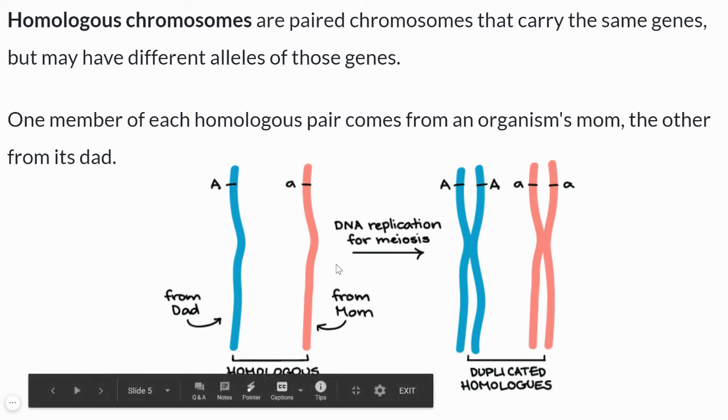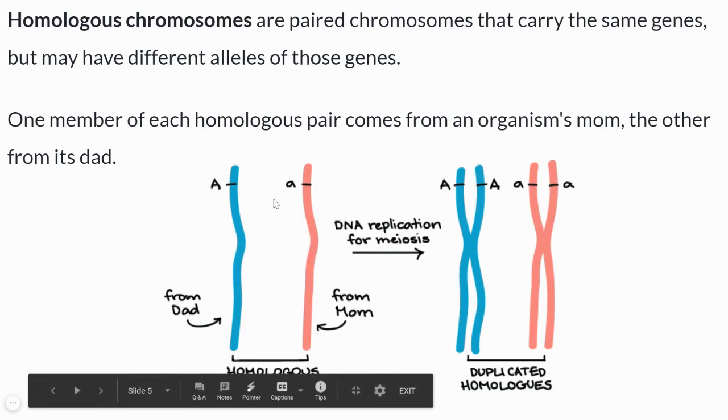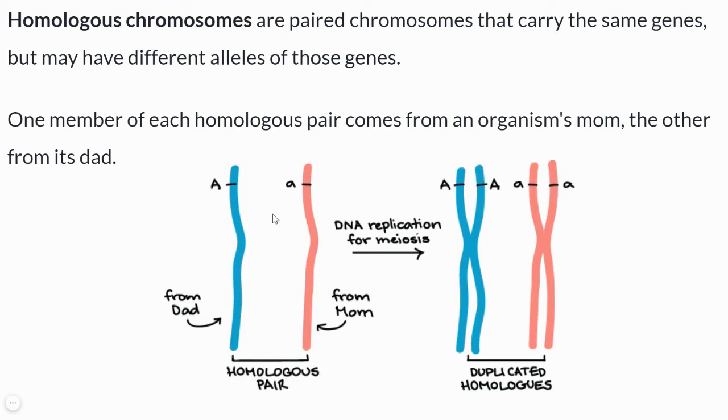This is the same organism's chromosome, but one is inherited from the father and one from the mother. So please don't think that this is the father's chromosome and this is the mother's. This is that organism's chromosome whose cell we are studying, and this organism has inherited two same chromosomes, one from the father, one from the mother, and these are the homologues.